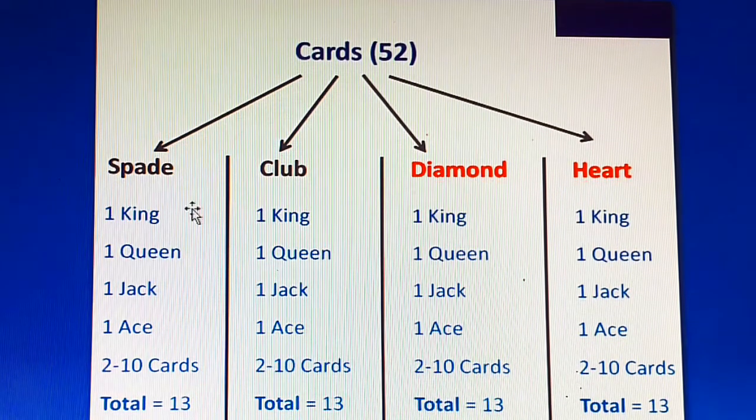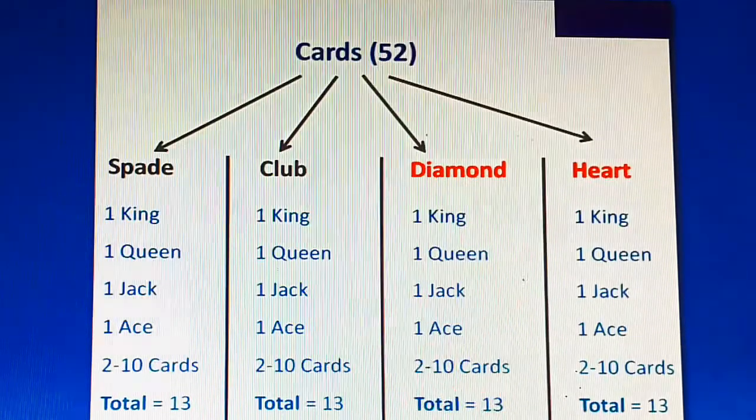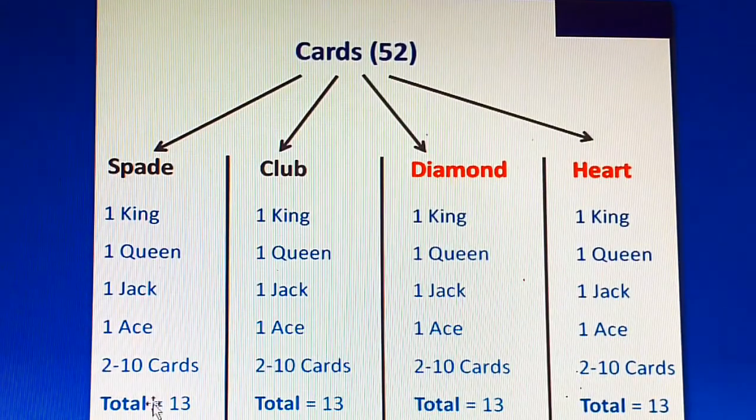It is divided like this: spade, club, diamond, and heart. Diamond and heart are red in color. Students, how many spades do you have?